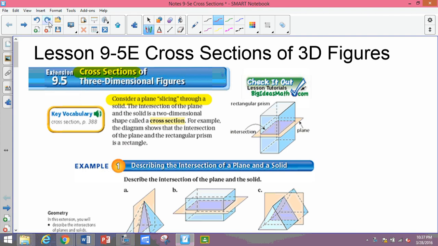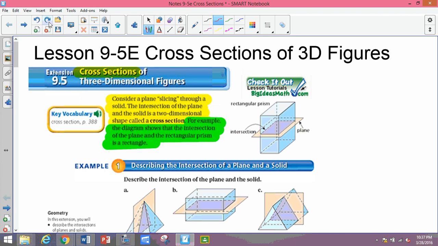And if you take one of those planes and you intersect or cut another three-dimensional figure, that then is called a cross section. The shape that's created is that cross section.